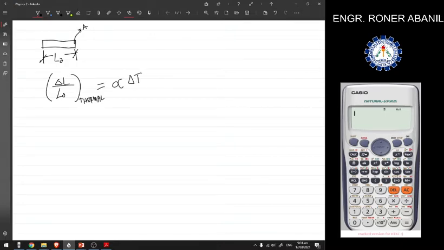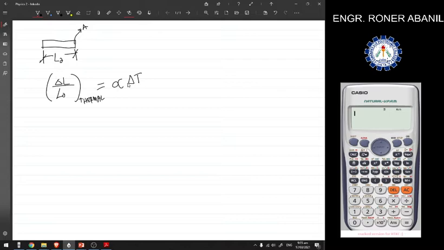Okay? So, both delta L and delta T are negative. Okay? Kasi tension. The tension must increase by an amount F that is just enough to produce an equal opposite fractional change in length. Okay?